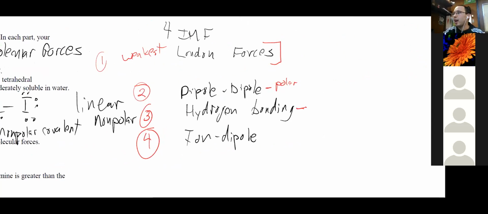What do you need to have hydrogen bonding? Hydrogen. You definitely need a hydrogen, but what does your hydrogen need to be connected to? Typically fluorine, oxygen, is it nitrogen? Fluorine, oxygen, and nitrogen.